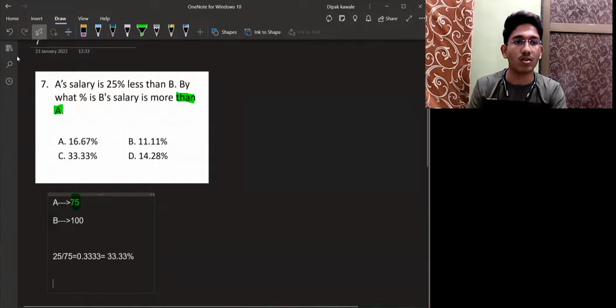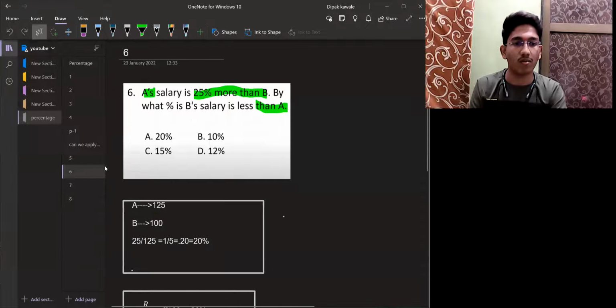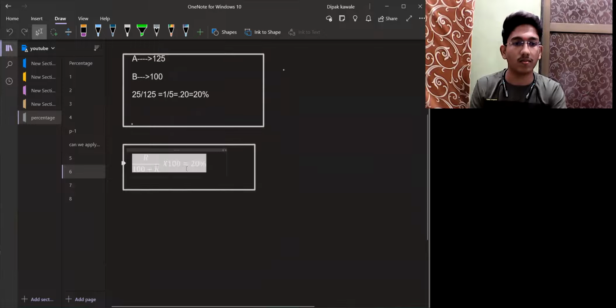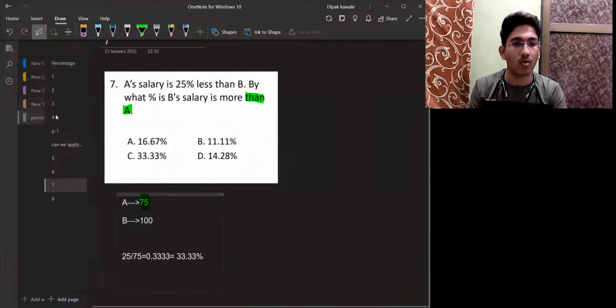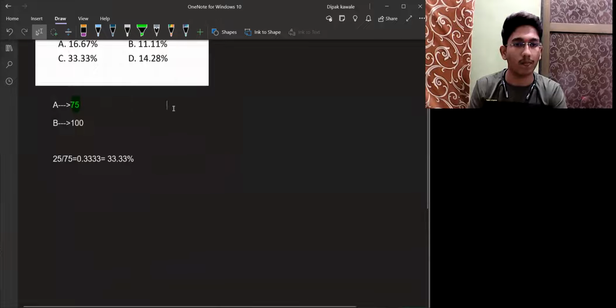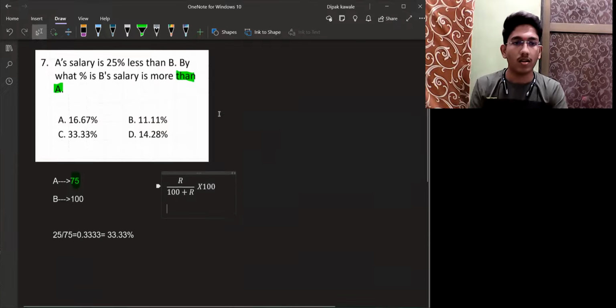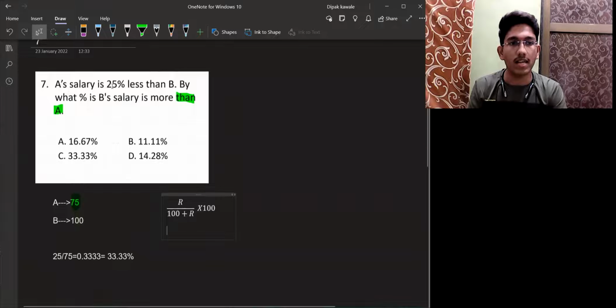Okay, so what was the formula? Let's copy from this. Okay, copying the formula. In the question it is given that A's salary is 25% less than B. As I have already told students, if it is less, then I have to consider the R value as negative.